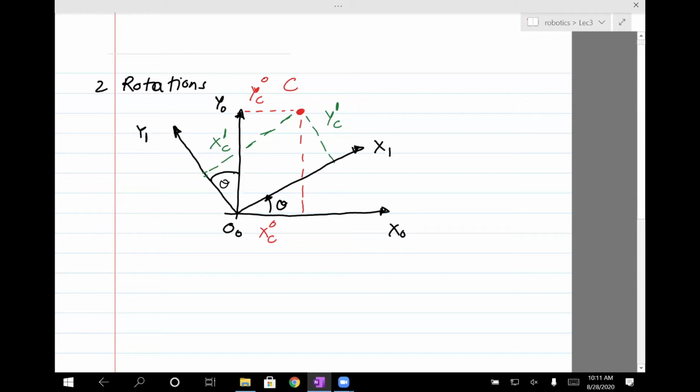Okay, so now that we wrote that down, let's try to express the position of C in frame 0, and we'll try to do that in terms of frame 1. So we want to find a relation between xc1, yc1, and xc0 and yc0.